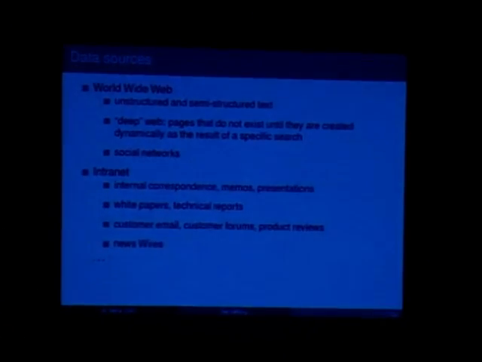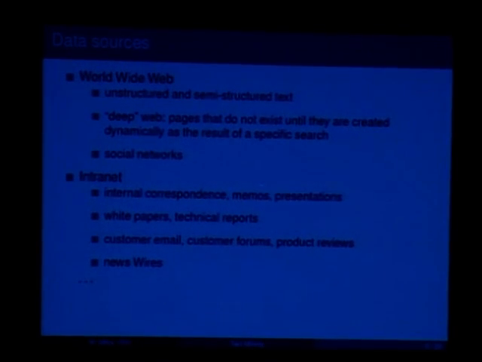Plus, if you have an explicit customer interface, then you probably have email from customers, customer forums, reviews, and such. And lots more. So I think for starters, the World Wide Web and internal information is quite enough.